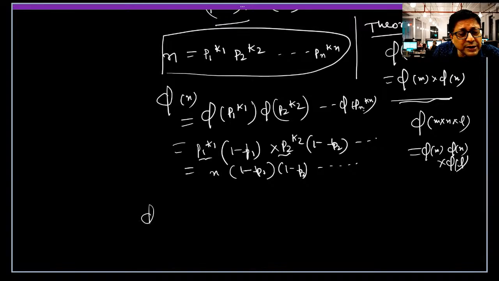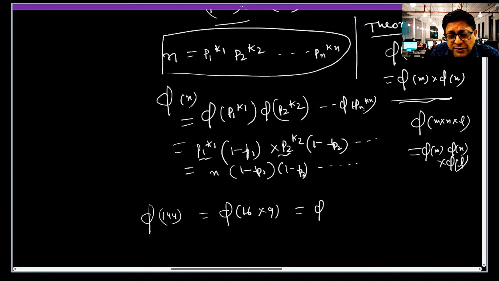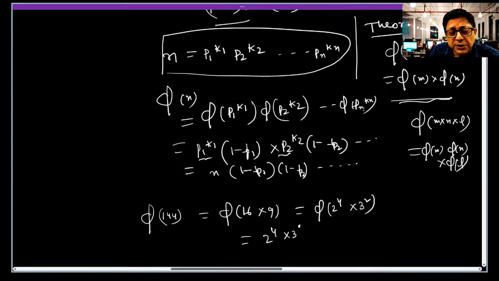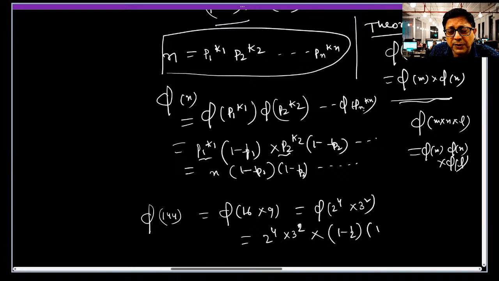Suppose you want to find phi 144. 144 is 16 into 9. Prime factorization, that is phi of 2 to the power 4 times 3 squared. This is nothing but 2 to the power 4 times 3 squared into 1 minus half, 1 minus 1/3.